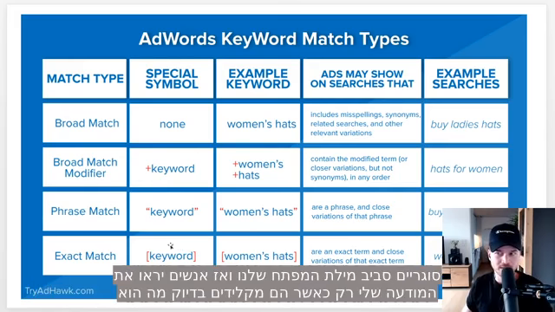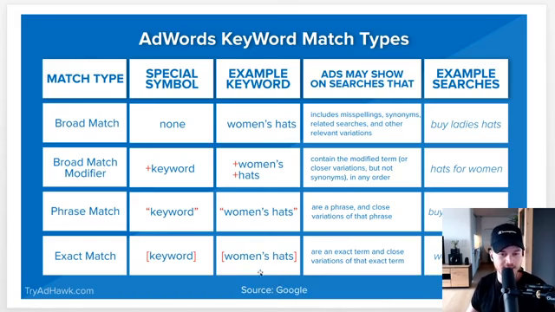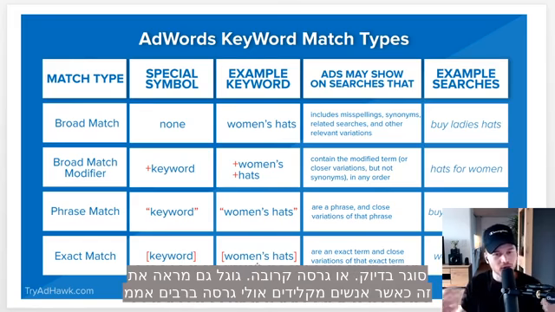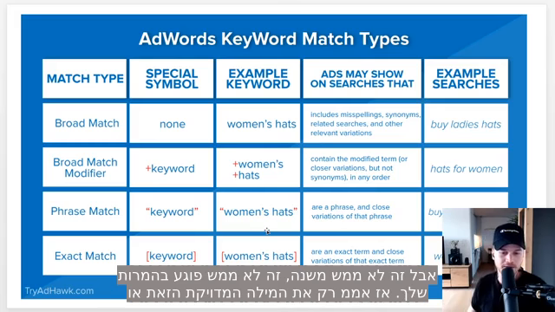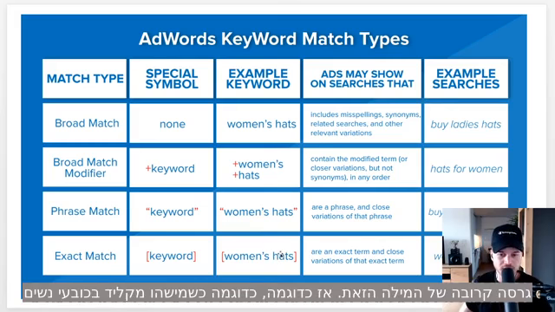We have put brackets around our keyword, and then people will only see my ad when they type in exactly what is in that bracket, or a close variant. Google also shows it when people type in maybe a plural version, or maybe they misspell the word a little bit. That's something Google just does. You can't really turn that off, but it doesn't really hurt your conversions. So only this exact word or a close variant of that word.